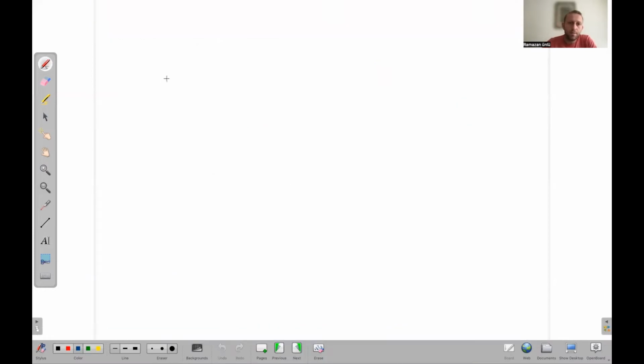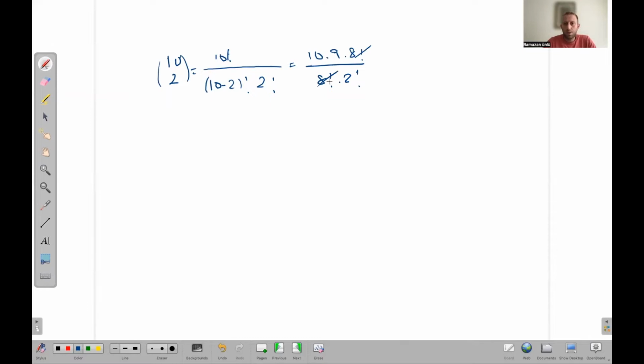So let's say I have 10 choose 2. How can I calculate this one? It is 10 factorial divided by 10 minus 2 factorial and 2 factorial, right? And also there will be some cancellation. It will be 10 times 9 times 8 factorial divided by 8 factorial times 2 factorial. And these two will cancel out each other, and I will end up with 10 times 9 over 2 factorial.